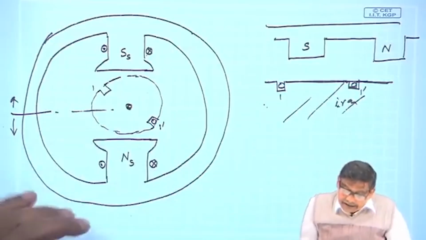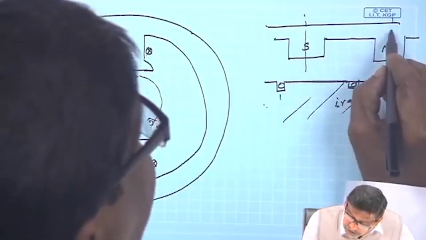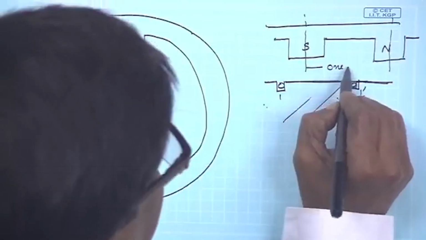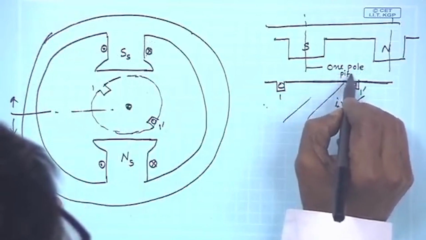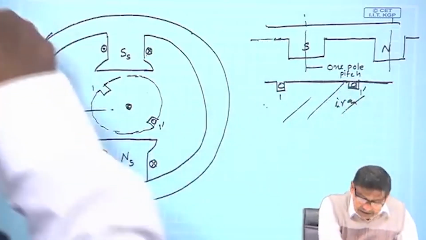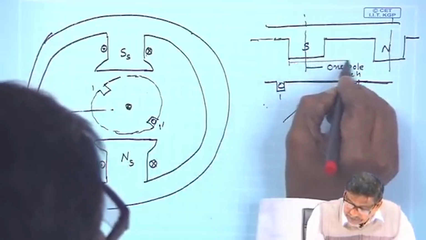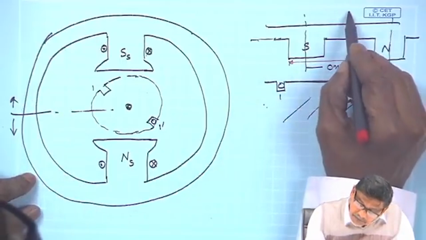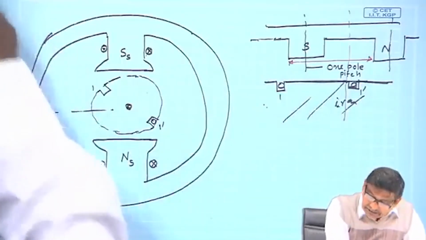Now, the distance between the center of the south pole and the center of the north pole is called one pole pitch. This distance is also a pole pitch, and this to this is the same thing, because it is circular.